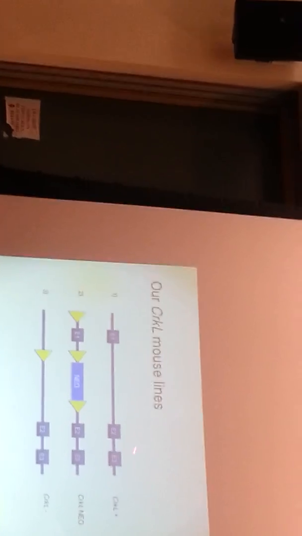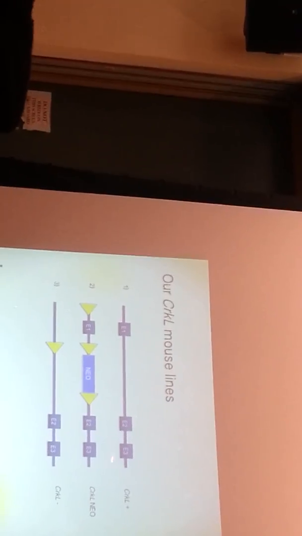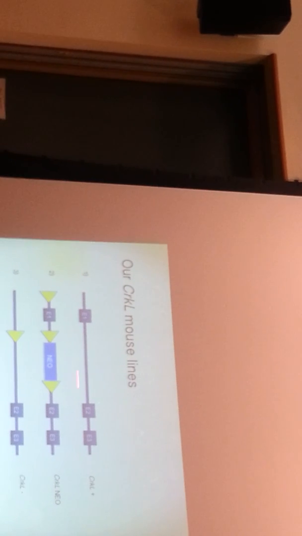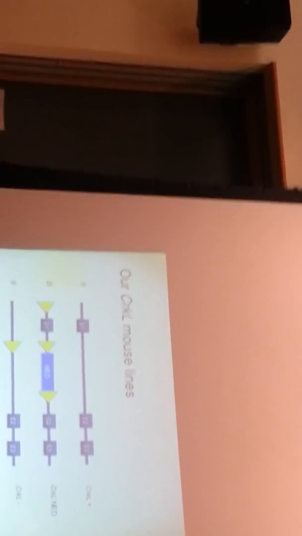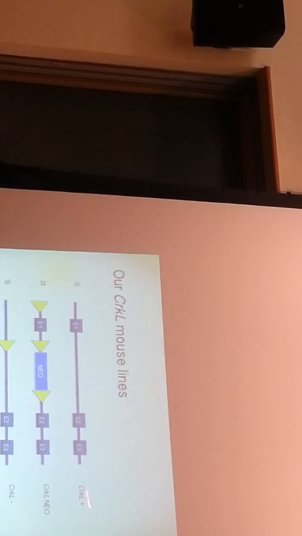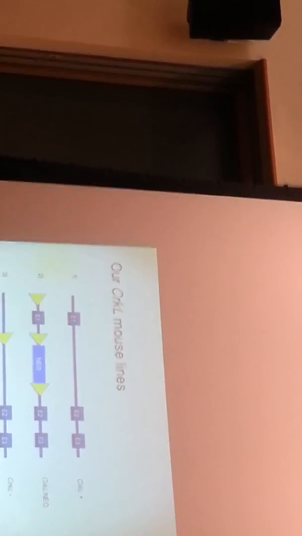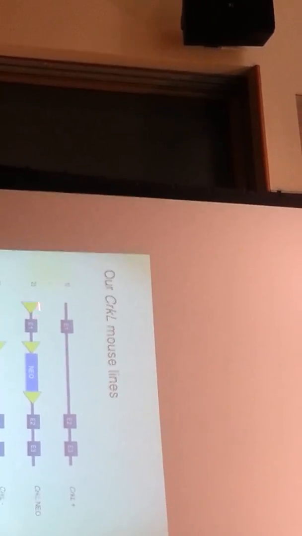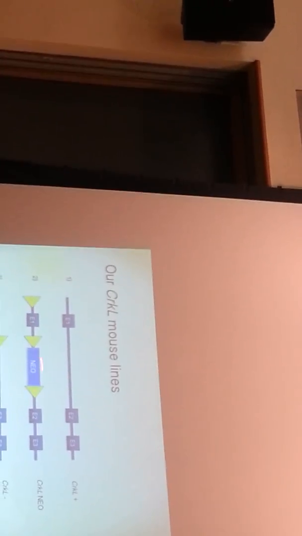As I mentioned before, we use mouse molecular genetics. Our classical mouse lines are as follows. We have 3 different types of alleles available. The first one represents CRACO wild type, the normal expression of the gene, CRACO plus. We have another one called CRACO neo, where there is a modification here with this yellow neo cassette.